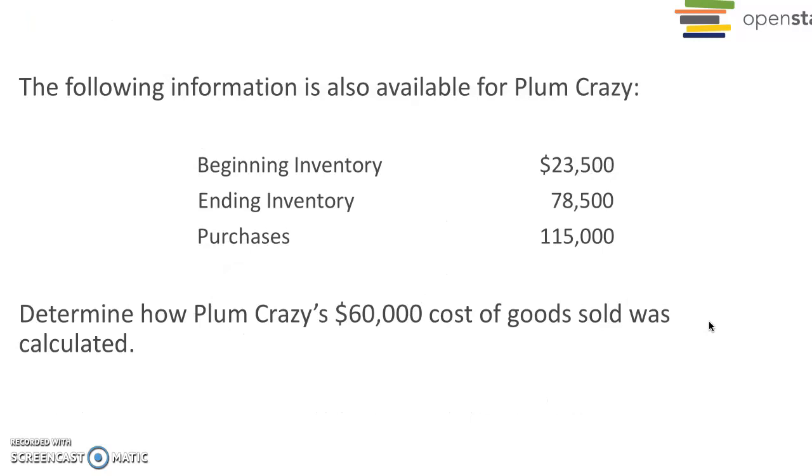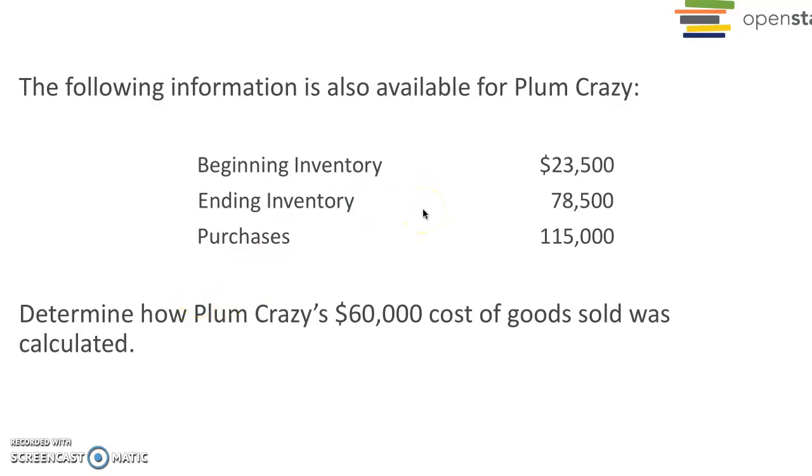Okay, so now in order to calculate cost of goods sold for a merchandising company, we need to know this type of information: their inventory when they started the period, how much inventory was sitting in their store or warehouses, and their ending inventory, what they haven't sold at the end of the period, and the purchases of inventory that they made during the period.